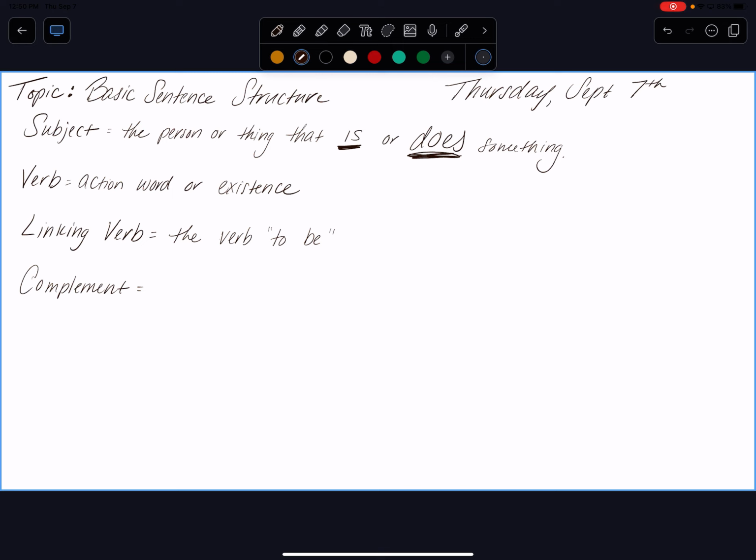So when you have a linking verb, let's say you have the sentence, this is not really a great sentence, but it is a sentence. Mr. Smith is the guy. Okay, makes no sense. We don't know what kind of guy. We've got Mr. Smith, who is my what?